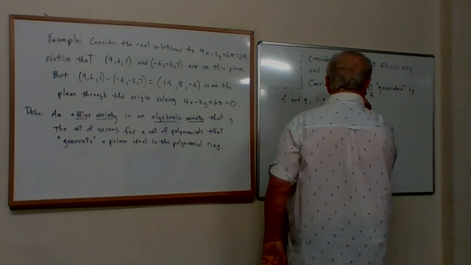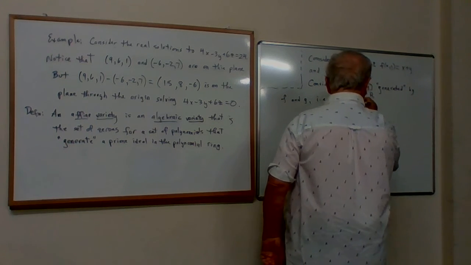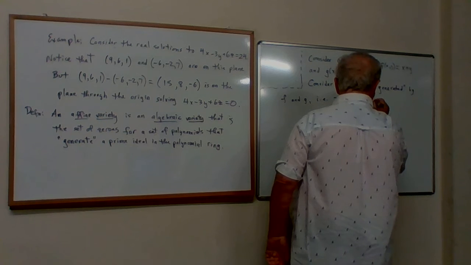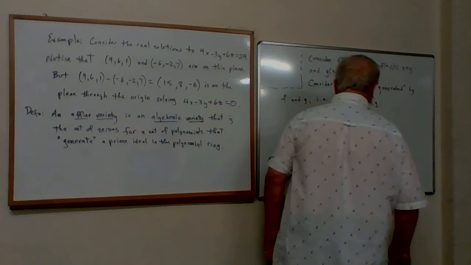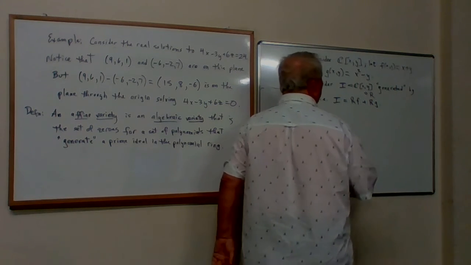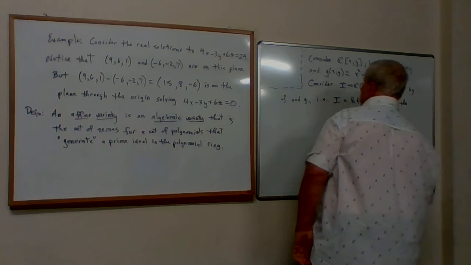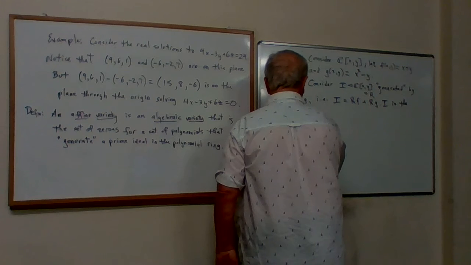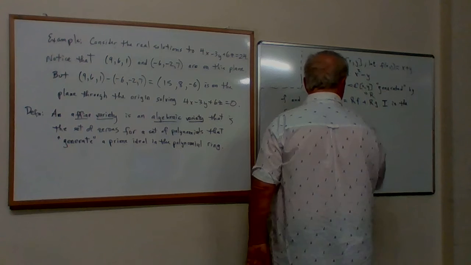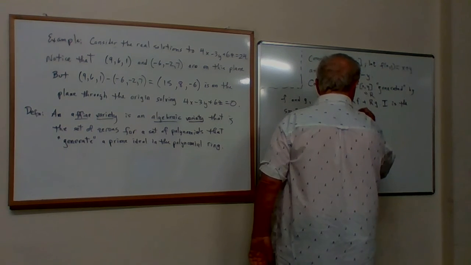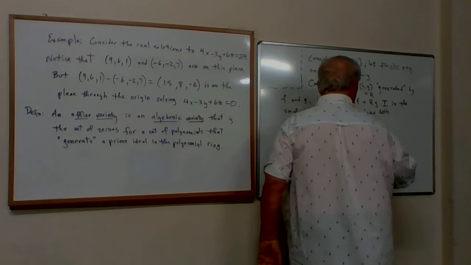I is equal to anything in the polynomial ring times f plus anything in the polynomial ring times g. Okay, so I is the smallest ideal of R that contains both f and g.